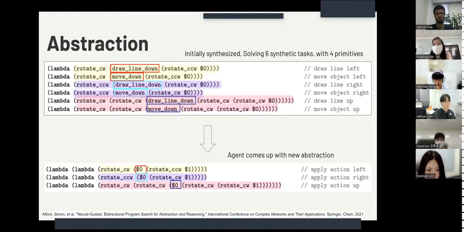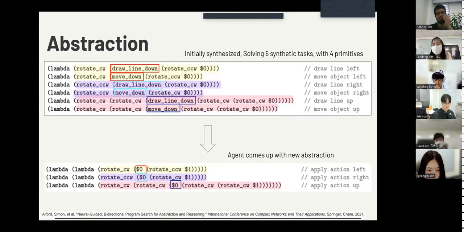To give a practical example, this is an example of the new primitives that Dreamcoder was able to produce. The above 6 lines are each a solution for 6 different ARC tasks made from 4 primitives that were given as input. The solutions are programs that were initially synthesized by Dreamcoder. From these 6 programs, Dreamcoder was able to make 3 different functions below.